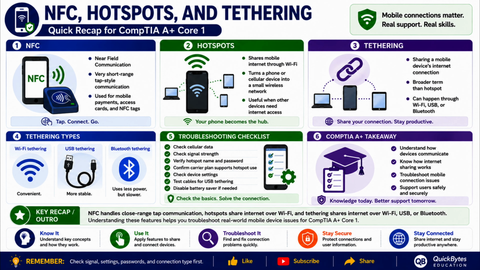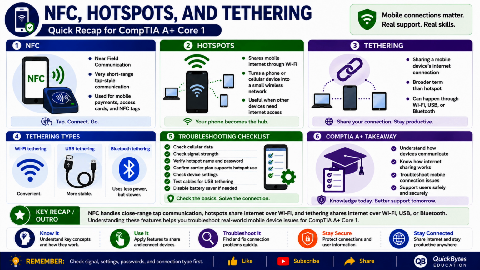So, quick recap. NFC stands for Near Field Communication. It is used for short range tap style communication like mobile payments, access cards, and NFC tags. A mobile hotspot lets a phone or cellular device share internet through Wi-Fi. Tethering means sharing a mobile device's internet connection with another device. Tethering can happen through Wi-Fi, USB, or Bluetooth.